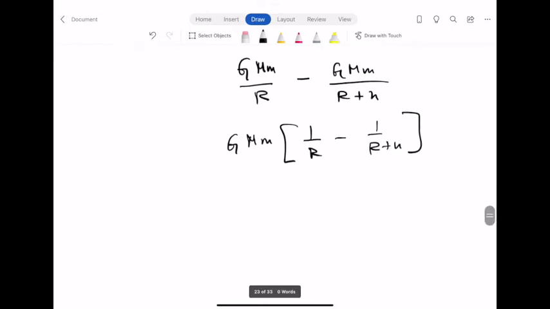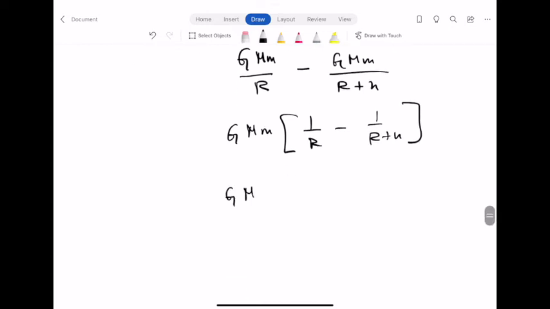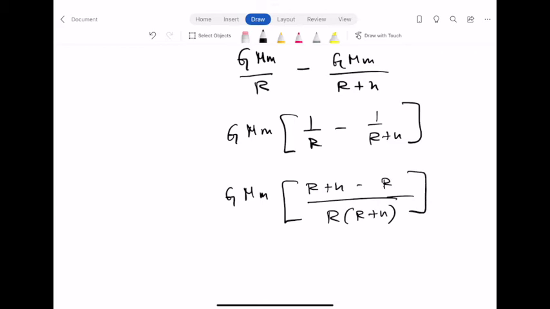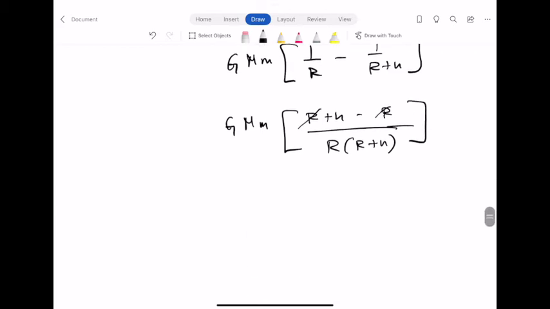Let's simplify this. If you do a common denominator, you get r times r plus h, and then you have r plus h minus r. So the r's cancel out, and so you get this expression GMm h divided by r times r plus h.